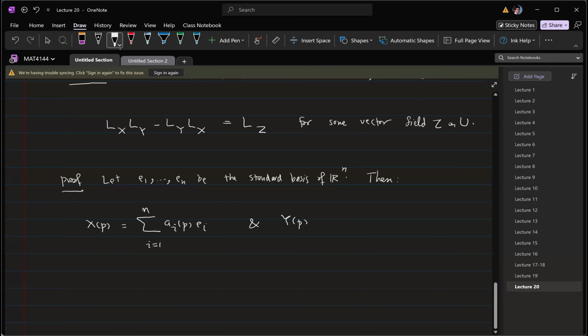Okay? So at each point, any point p in U, you can look at this vector X_p and write it as a linear combination of the standard basis. You get these coefficients, which are smooth real-valued functions of p. Okay?